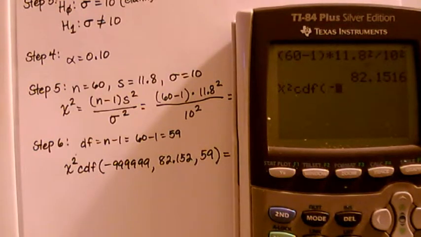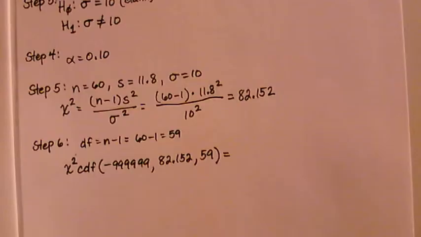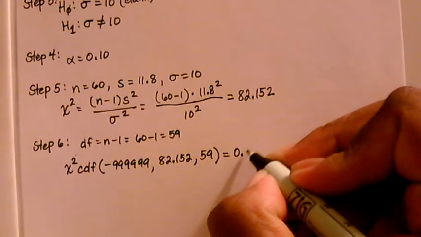Then type in negative 999,999, comma, 82.152, comma, 59, close parentheses. Now I'm going to get a p-value of 0.975, rounded to 3 decimal places.